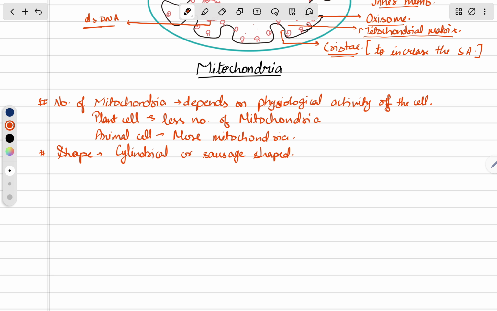Right? Size of mitochondria: the diameter is about 0.2 to 1 micrometer, which averages 0.5 micrometer, and the length of the mitochondria is 1 micrometer to 4.1 micrometer, right?